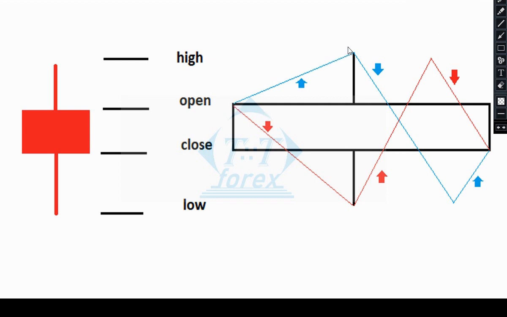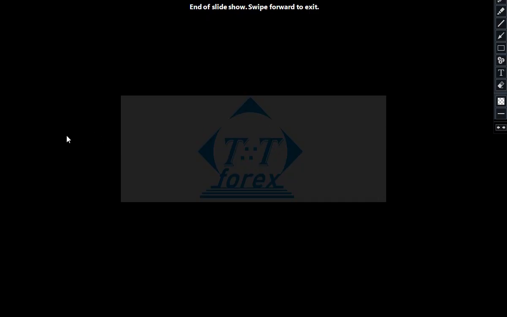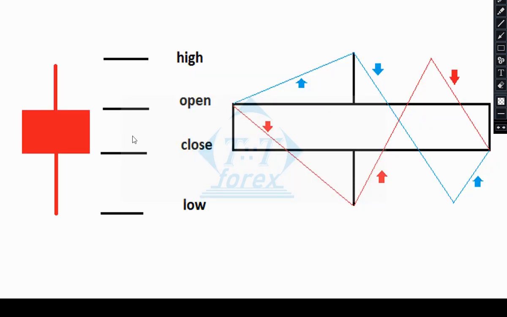The market went up, came down here, closed here, or the market went down, found some support of some sort, came up here, found some resistance, and then shot down. That's the concept, and it's always the same as the bullish. Whether it's bullish or bearish, it's the same concept.